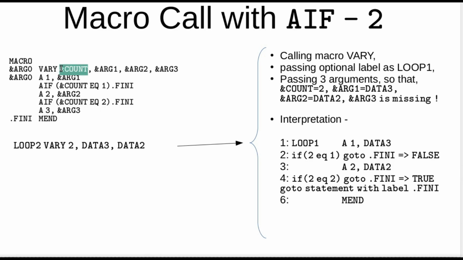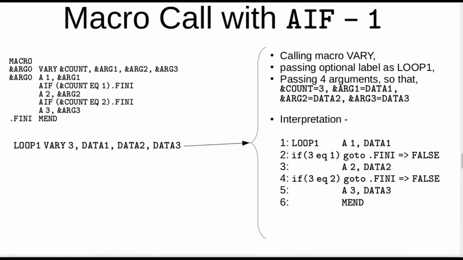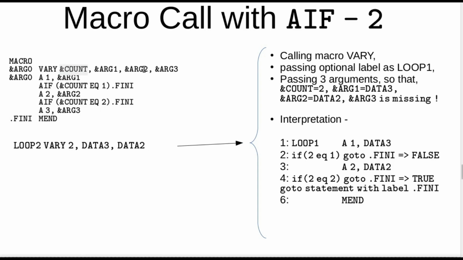So in the previous case, let's make a comparative study. In the previous case we had specified count as 3, so none of these conditions were satisfied, and we had to go through the whole sequence of instructions, right? In this second example, as the value of count is 2, we did not have to go beyond statement 4, right? At statement 4 the condition is satisfied and we could simply skip to the end.